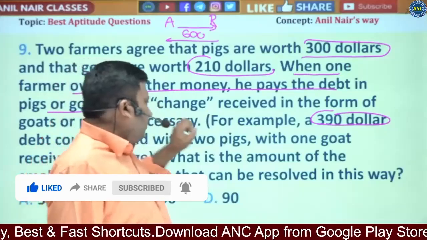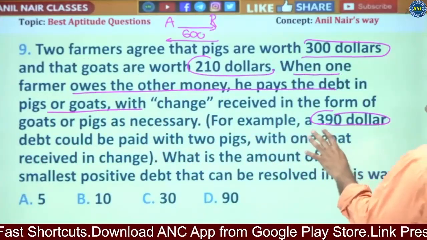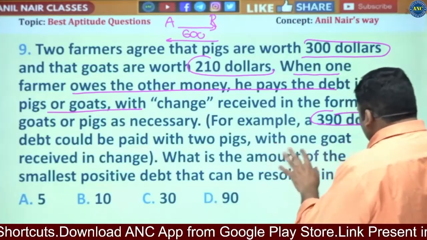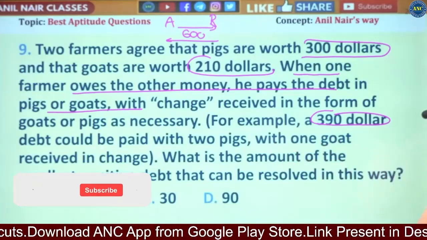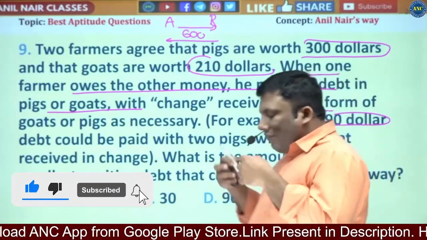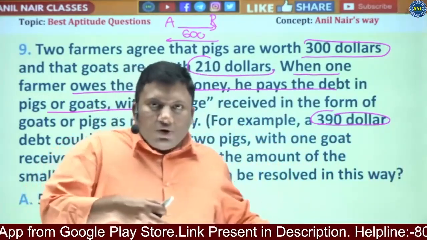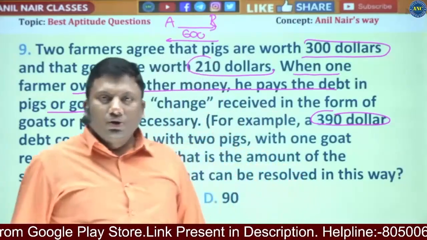The entire question, please continue. What is the amount of the smallest positive debt that can be resolved in this way? Think logically. If Anil has to give Reshma 600 rupees, he gives 2 pigs, 300 into 2.